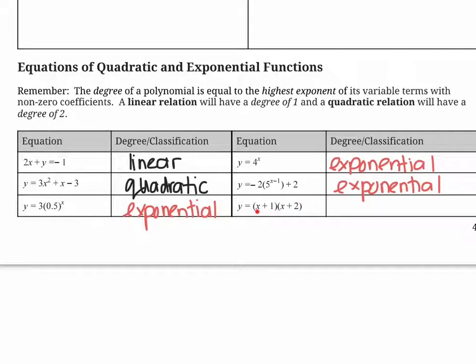It looks like the degree is 1 because the x variable has an exponent of 1 here and 1 here, and so does y. But if we expand this, then this is going to be x squared plus 1x plus 2x plus 2. And if we simplify it, the highest exponent of x is going to be 2. So this one is quadratic because it has a degree of 2.